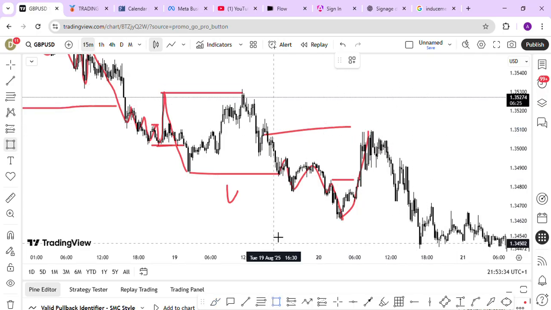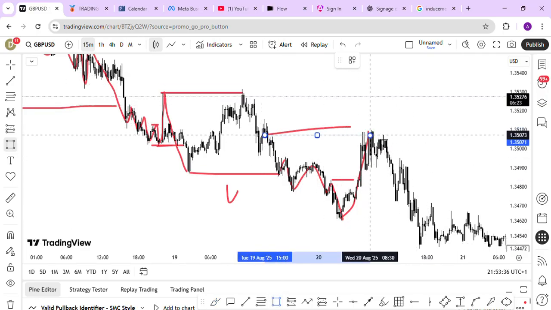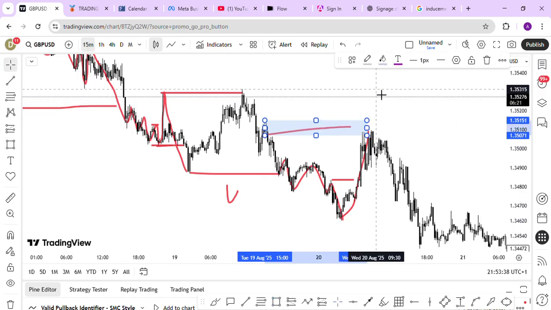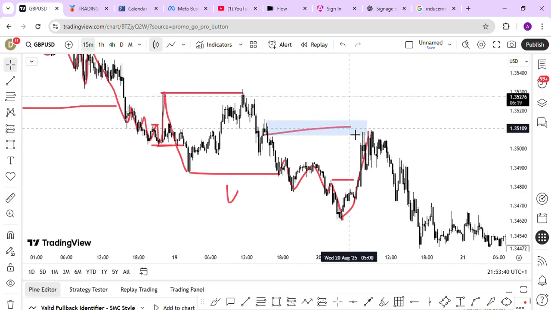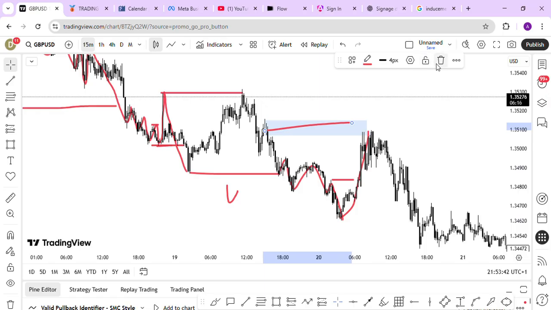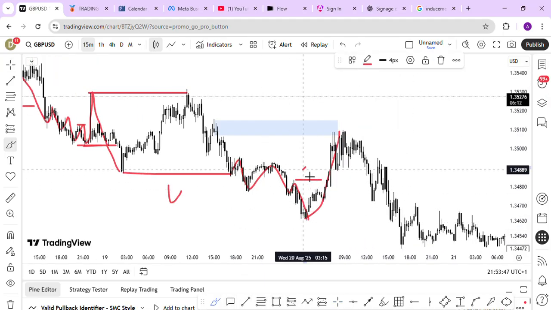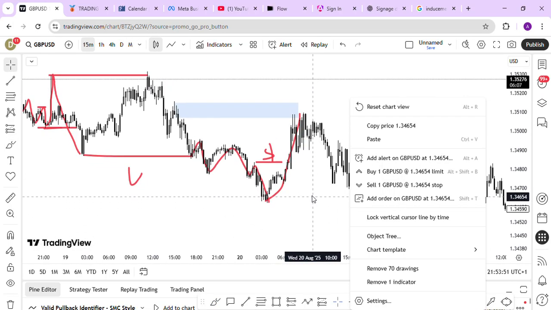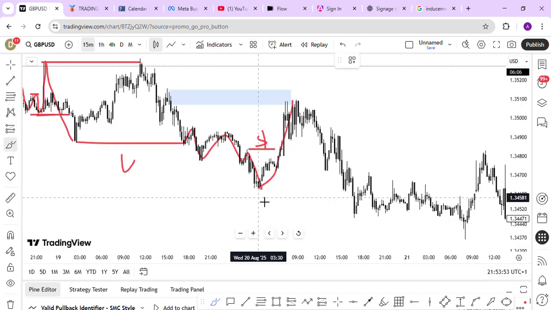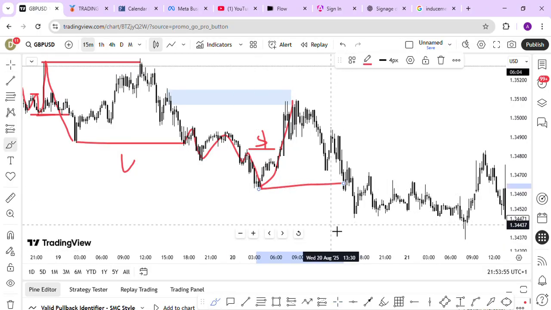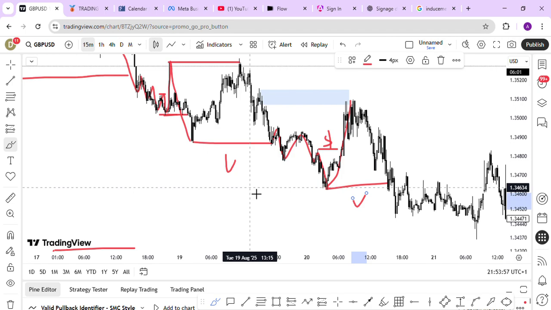We have a clear order block here that the market mitigates. This is not about the entry video, it's just about inducement. But for no reason you must wait for the market to clear this level out. And you see, the market just mitigated that level and dropped. So that's all about inducement.